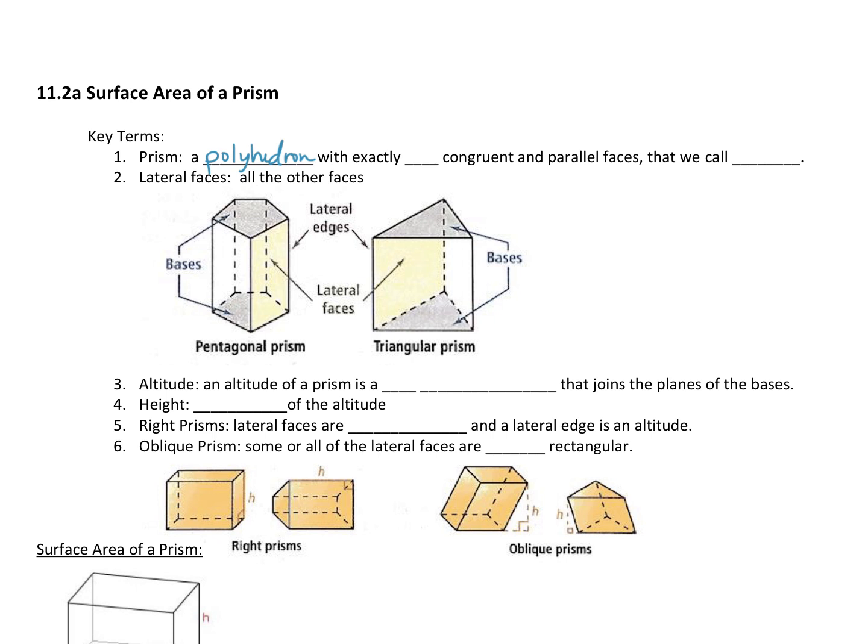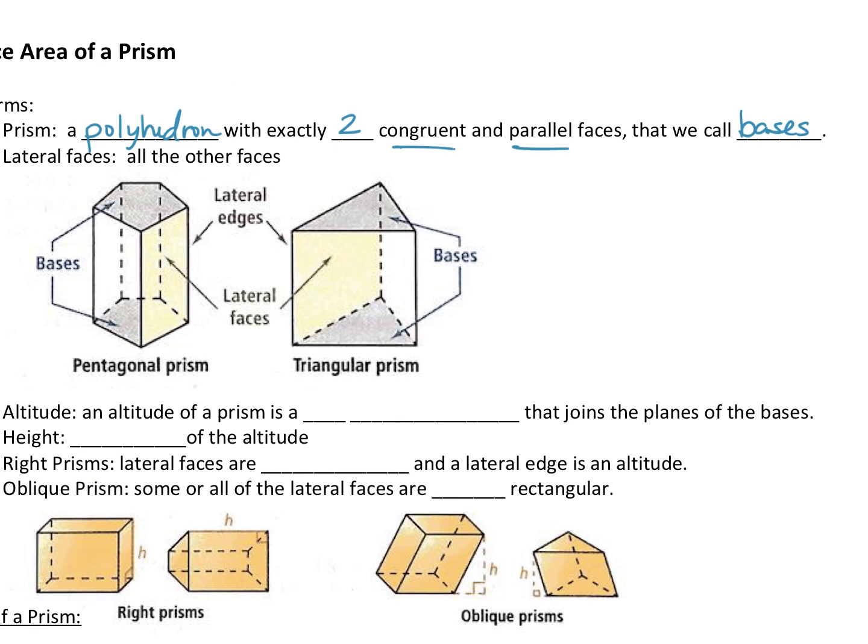With exactly 2 congruent and parallel faces, and we call those the bases. So if you look at your 2 figures there, this pentagon is congruent and parallel to that pentagon. We call those our bases.